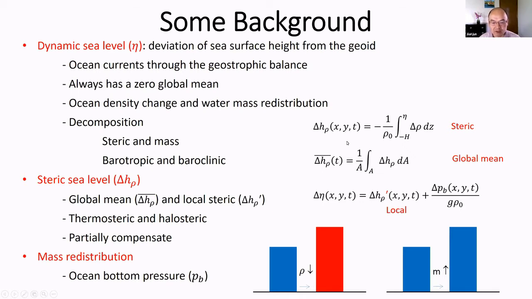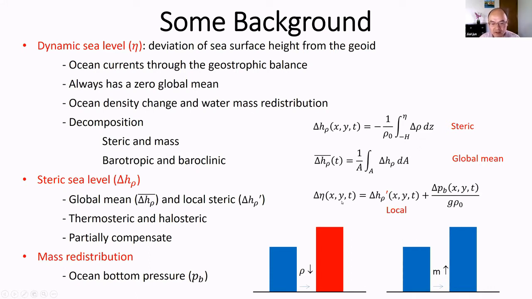The global mean steric sea level rise is the global average of the steric sea level change, where A here is the global ocean area. The so-called local steric sea level change, the prime term here, is the steric sea level change deviation from the global mean.